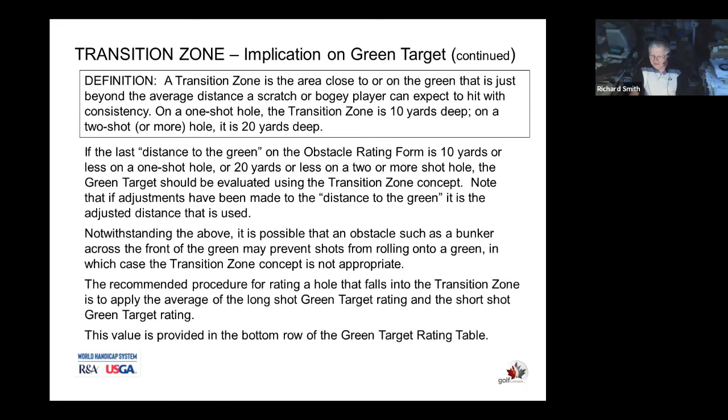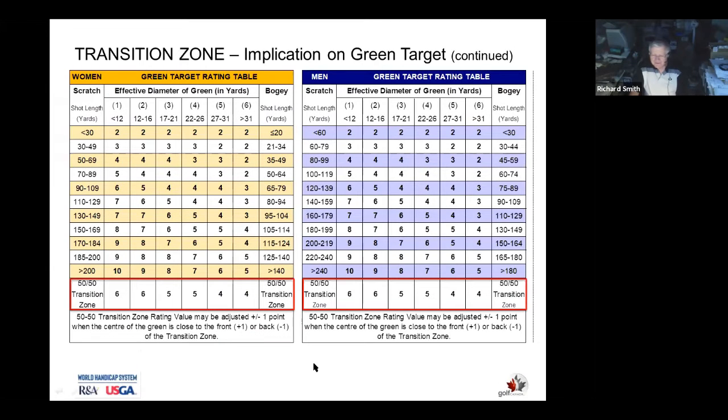So in that green target table, the default suggestion is that if you're going to have one of these transition zone situations, start out by assuming that it's going to be 50-50, that half of the time he or she will get there, other half he or she won't get there.